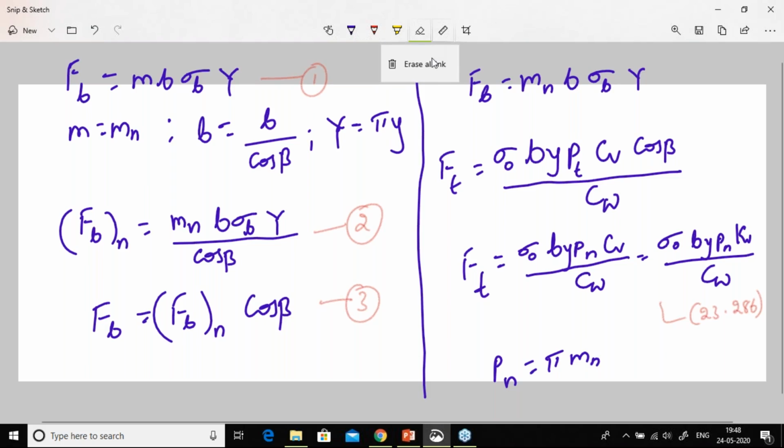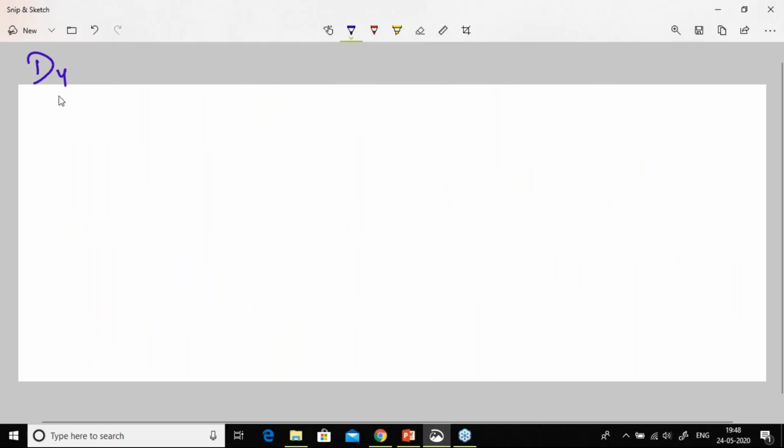Next topic, dynamic load. As we have the equation in spur gears, in helical gears also we have the equation for dynamic load.